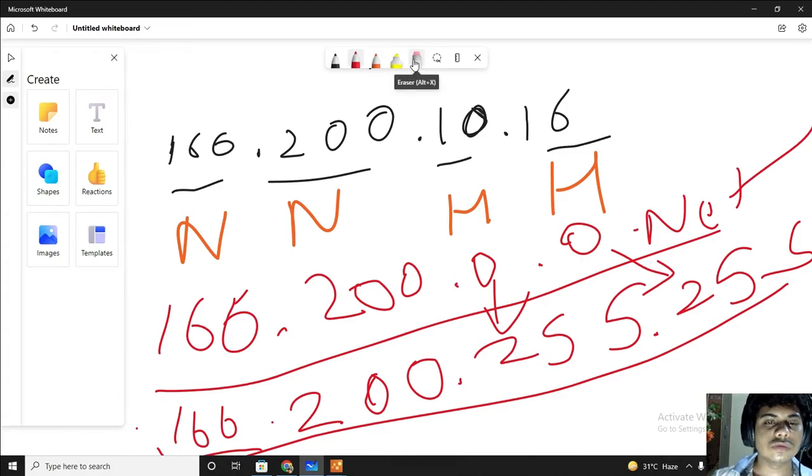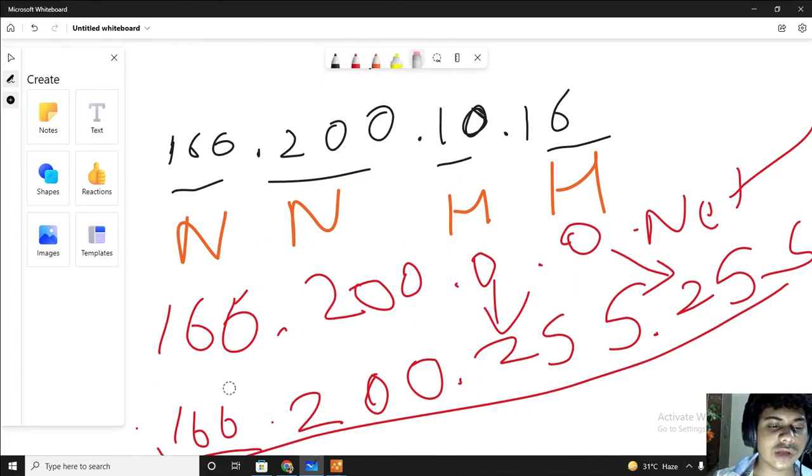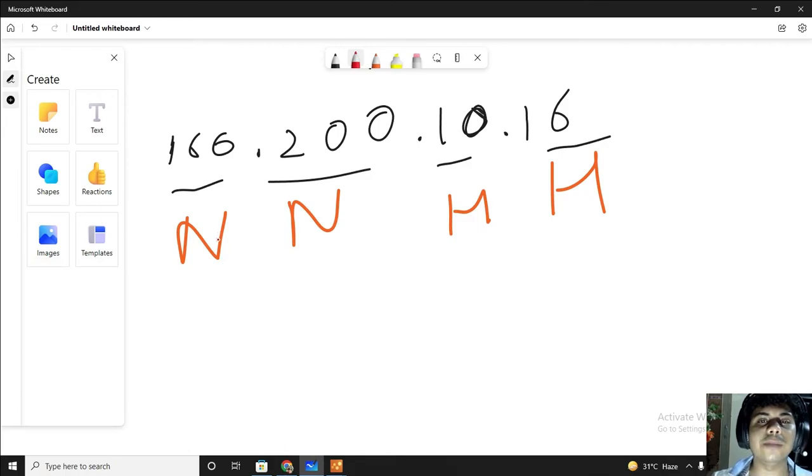Yeah. So now coming to the last question: how can you calculate the number of IP addresses? How many IP addresses can be given using this address? First I will drop this. So you just have to do this: this is our host part.